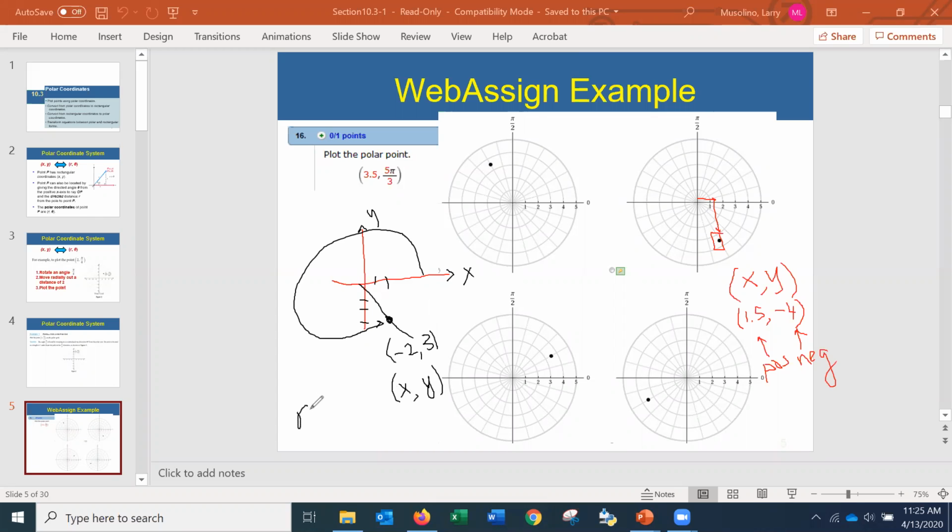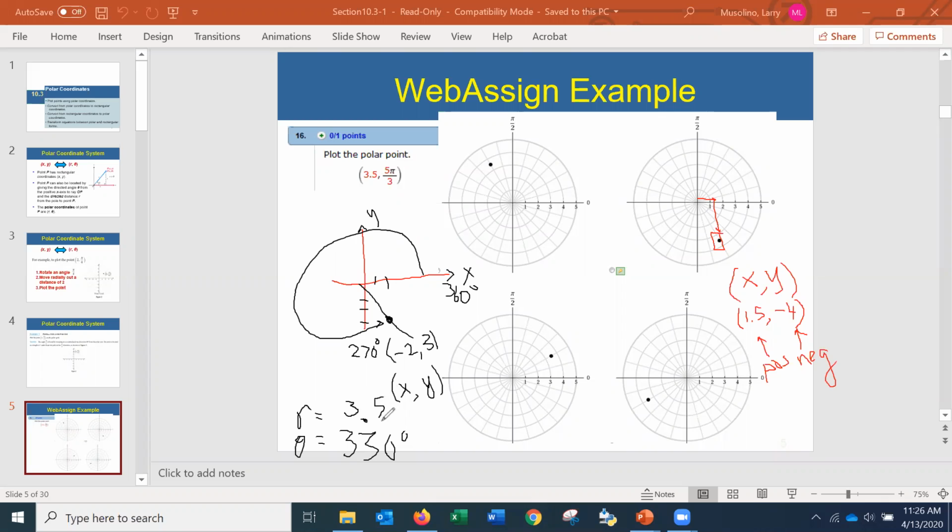So I know theta would have to be a value somewhere between 270 and 360 degrees, because if that black dot is sitting in the 4th quadrant, it's got to be some value between 270 and 360. I'm just going to make up a random number. I'm going to say it's 330 degrees. Again, I just made that up, but I wanted to give you an example where theta must be in the 4th quadrant. And r, I could see, is going to be a value of somewhere, I'm just going to make up a number like 3.5, let's say.